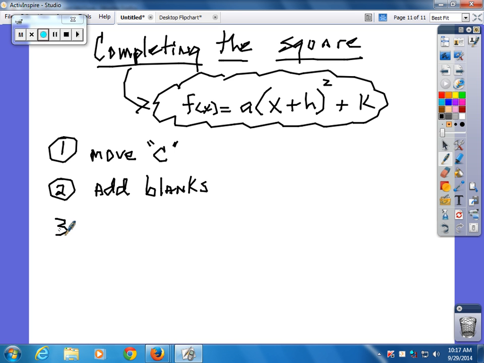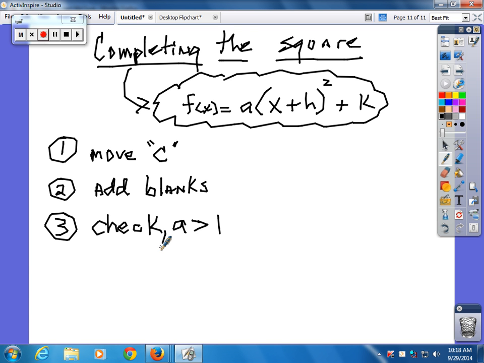3. Check A and see if it's greater than 1. You always want to check A and make sure that it's 1. If it's not 1, you're going to have to factor. Should it be greater than or equal? No. If it's 1, you leave it alone.